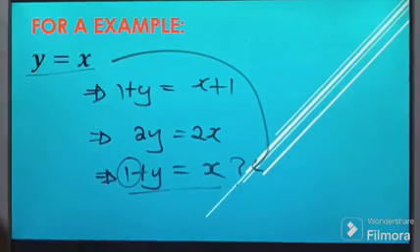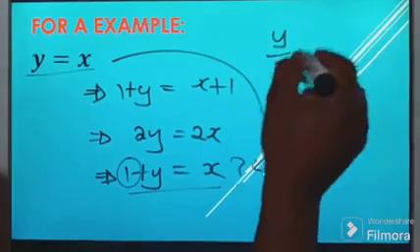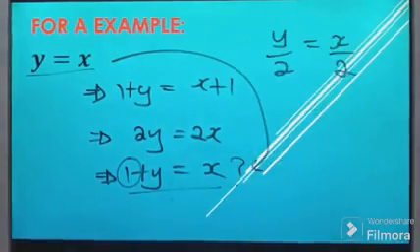Or let's say we divide by 2 on both sides. If we divide by 2 on both sides, the same thing, we're still maintaining the same equation. So when you are handling an equation, whatever you do on the left hand side, you must do the same on the right hand side.